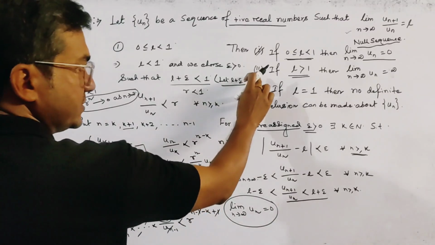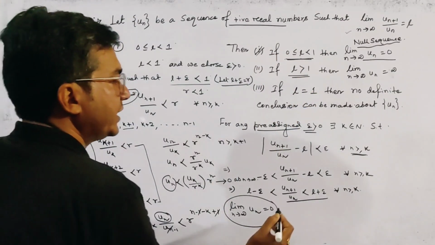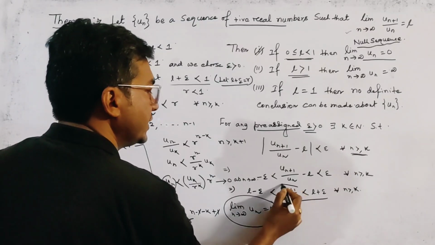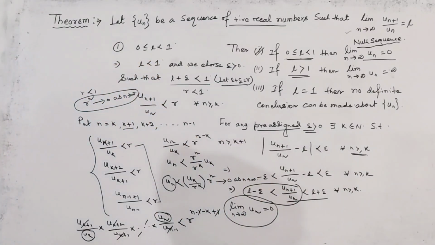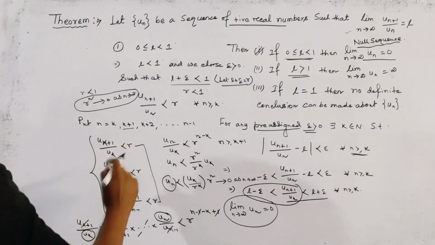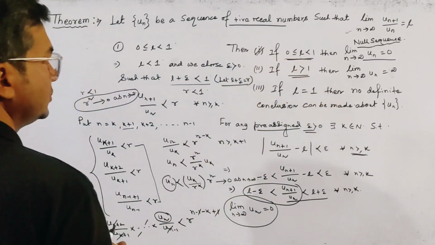And for the second case, if L greater than 1, then we take the left portion and middle portion. Okay, and here it is given that L greater than 1.